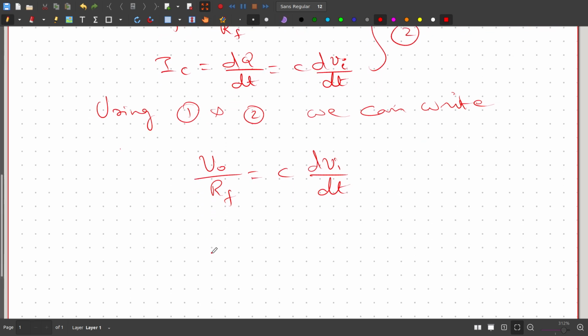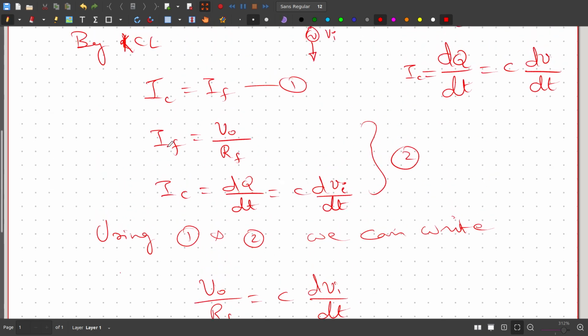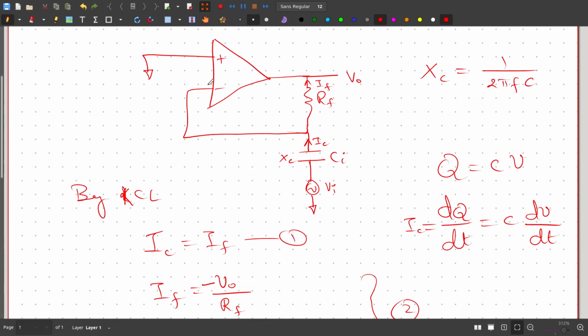The output voltage V0 equals, and I forgot to mention, here we have an inverting output, therefore the output voltage is negative.